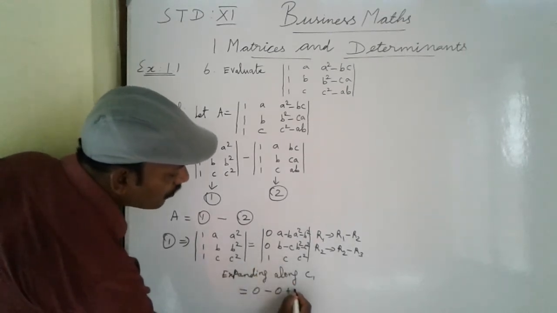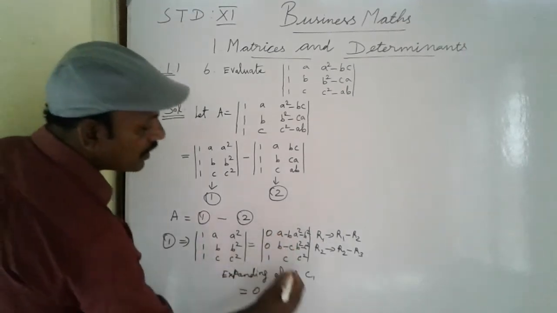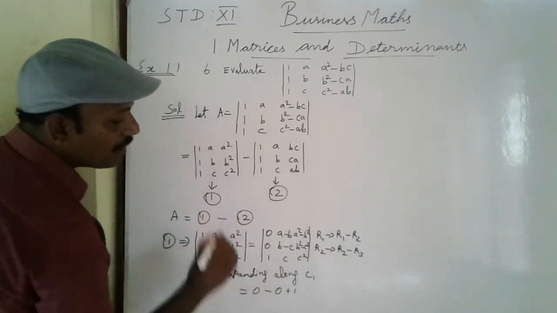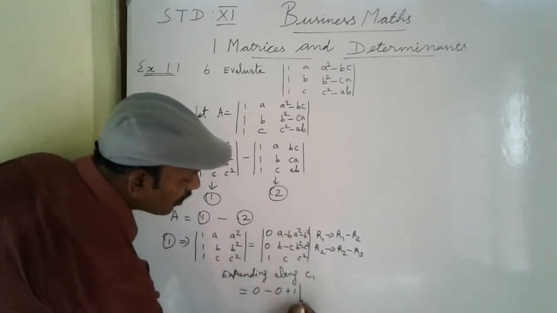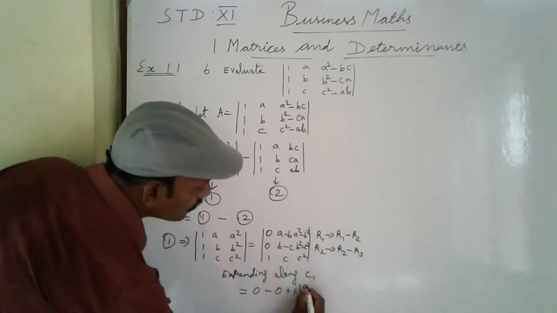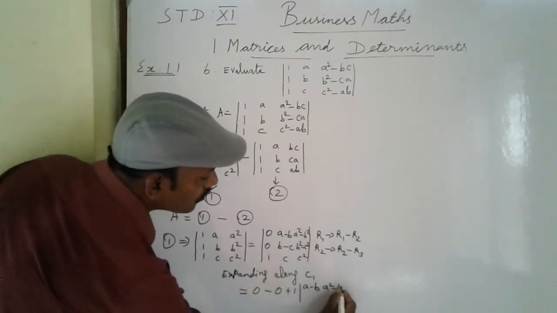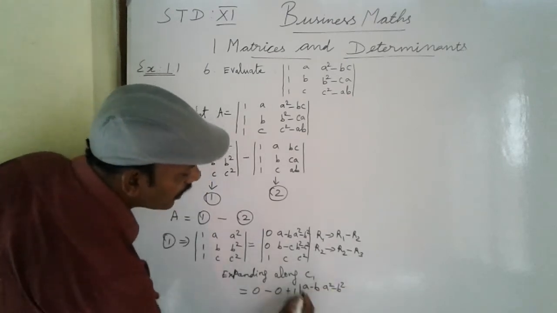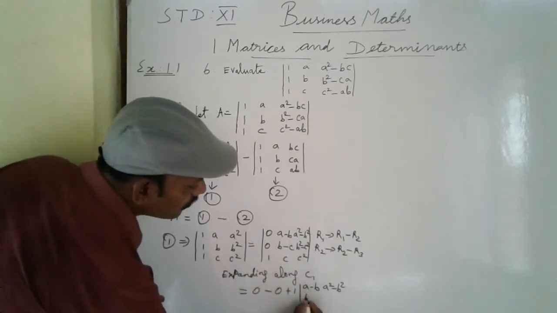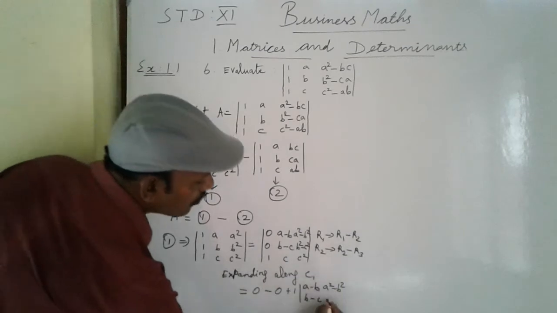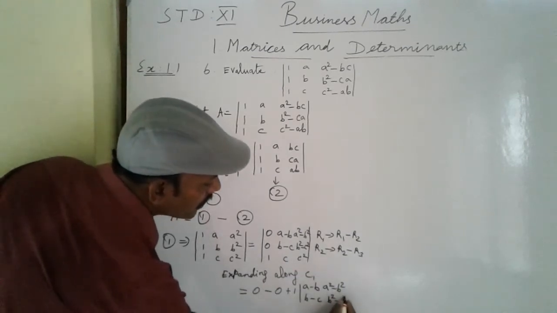Next is a plus. 1 is the symbol, 1 is the value. Next it's a determinant value in the straight row and column eliminate. What is its determinant of? a minus b, a square minus b square; next b minus c, b square minus c square.